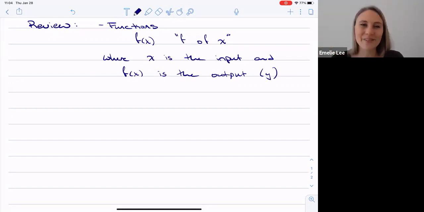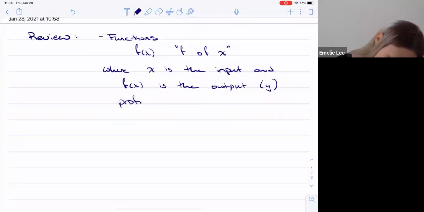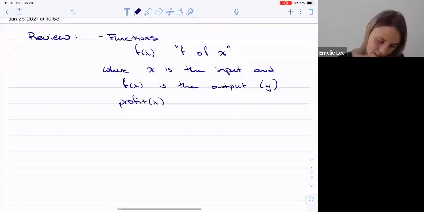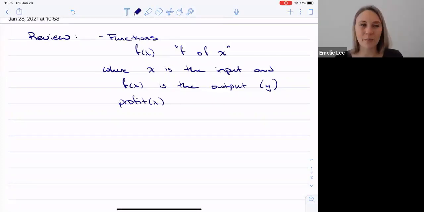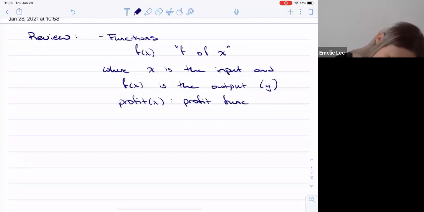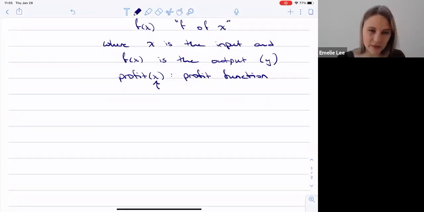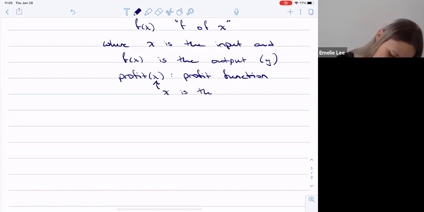Okay. And so the profit of x, the profit function, is the most common function that we're going to be working with. The profit function is where x is the input, and we're kind of leaving it open.